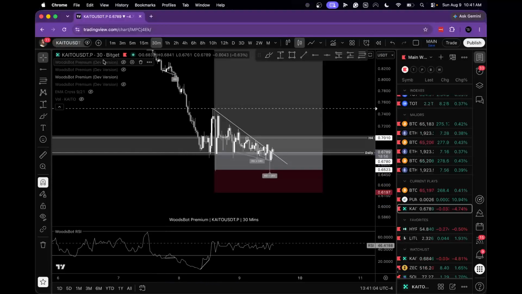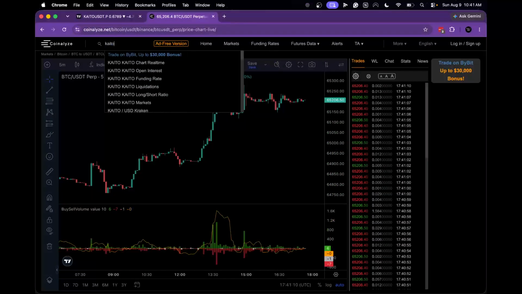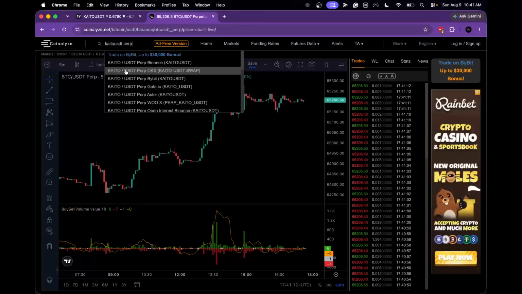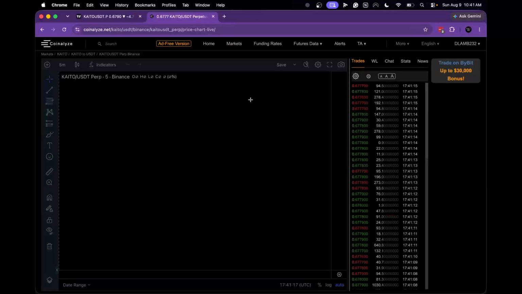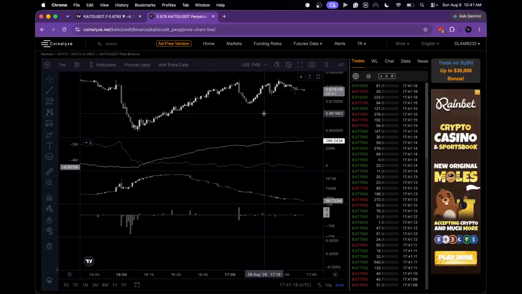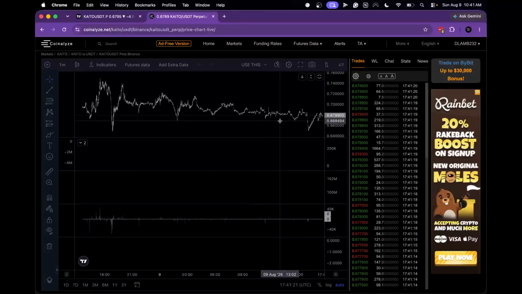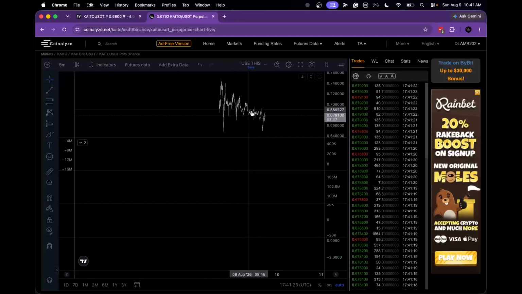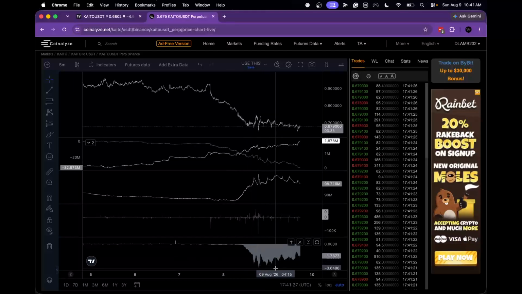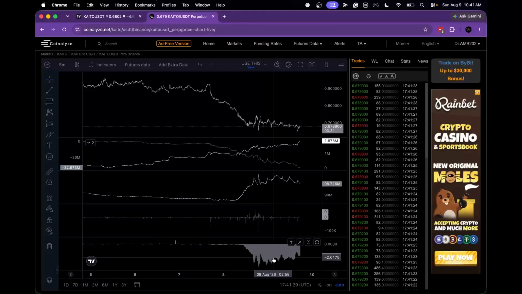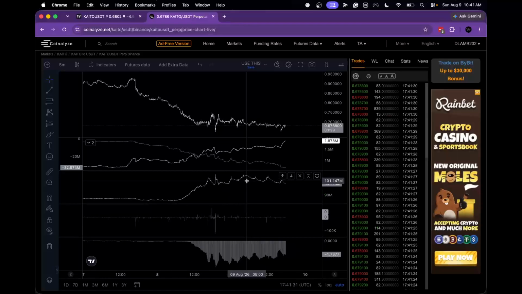But I don't know what's going on with this coin. If we look at the funding, funding is absolutely cranked on this thing. The funding has been minus 3 to 2%, which is insane.